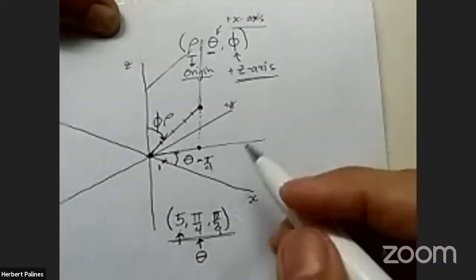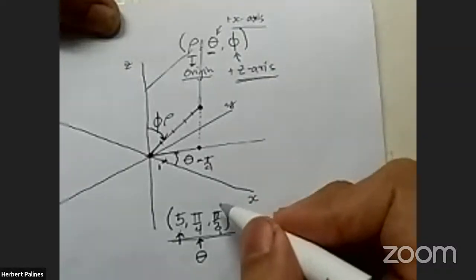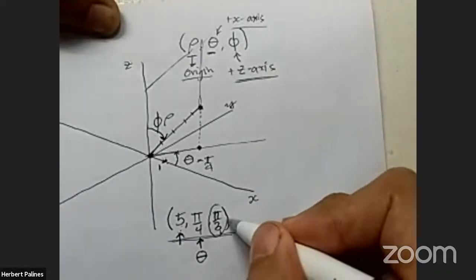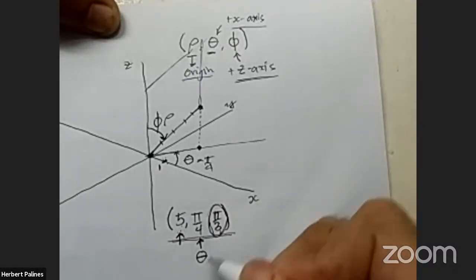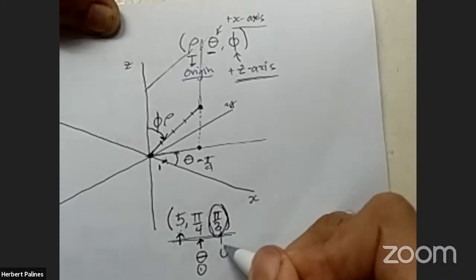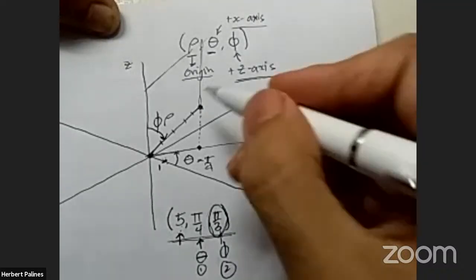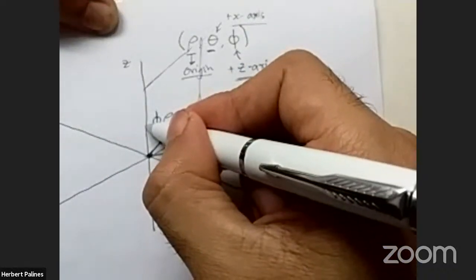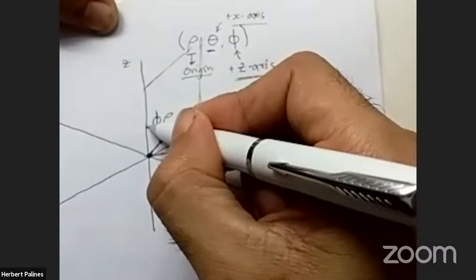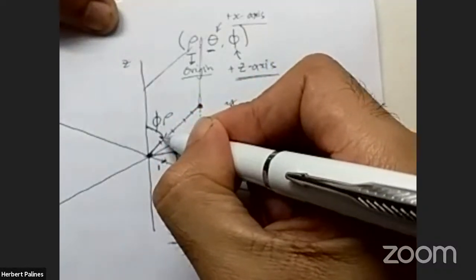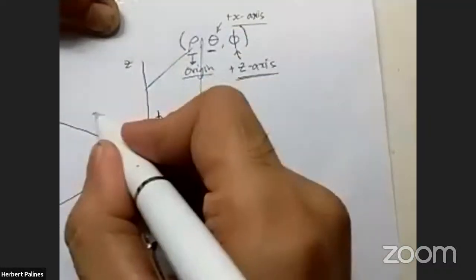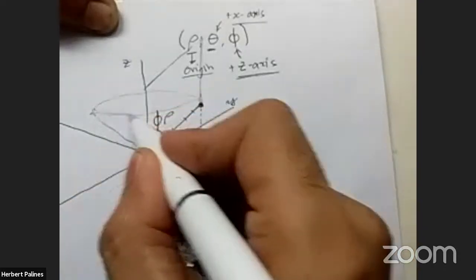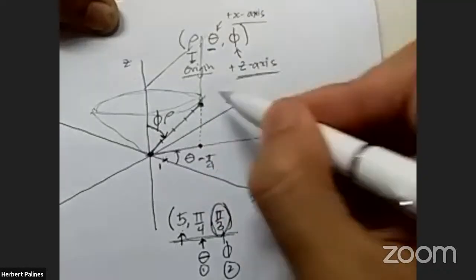So what you can do now, I guess, is to measure pi over 3. So sunod natin tong phi, the second. So how we do that? So we'll measure from the z-axis pi over 3. So kung na-imagine nyo, yan, pi over 3. So therefore, that point could be anywhere, somewhere dito. You could imagine, ano? Ayan, nandyan yan.